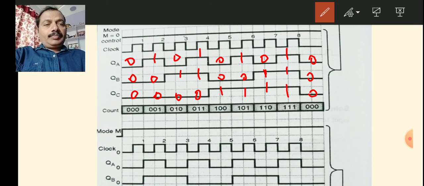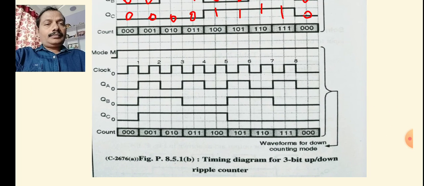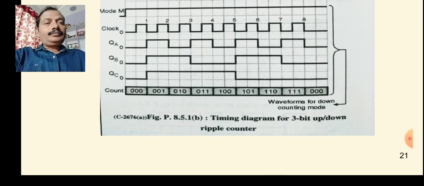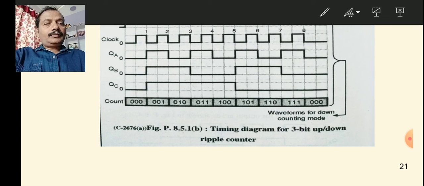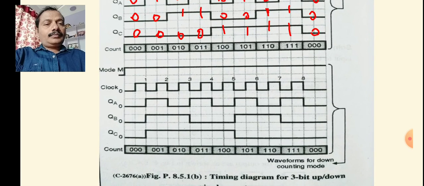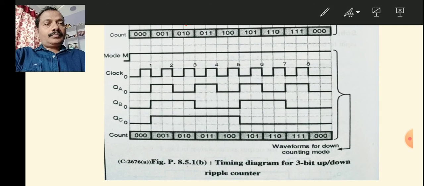Next, observe the down counting. In the down counter, the mode bit must be 1. Observe here, initially zeros.